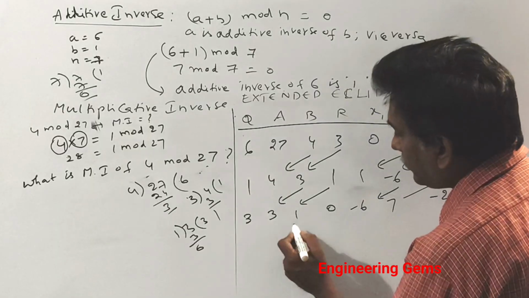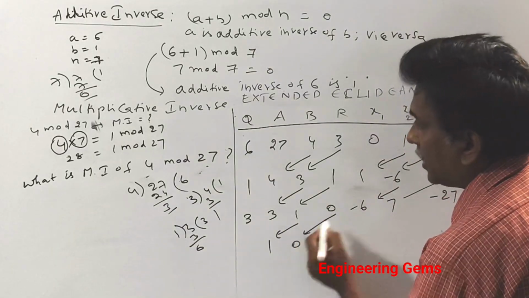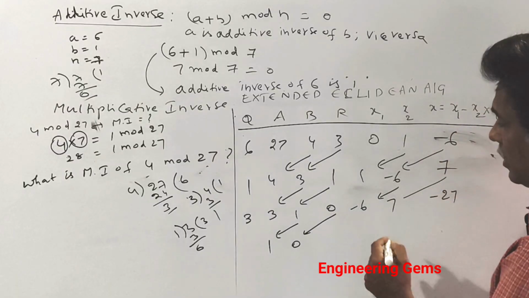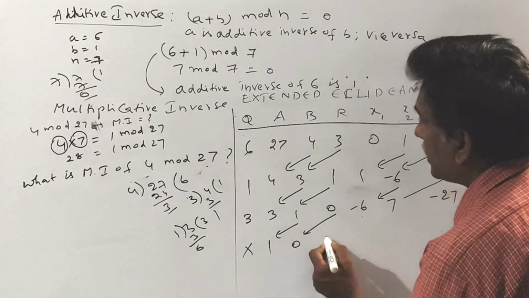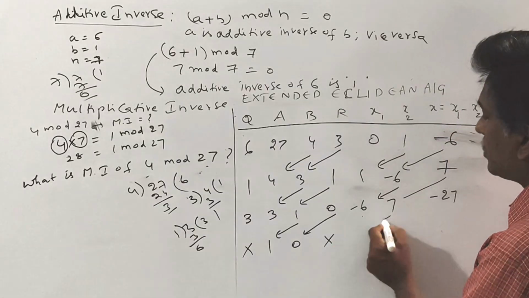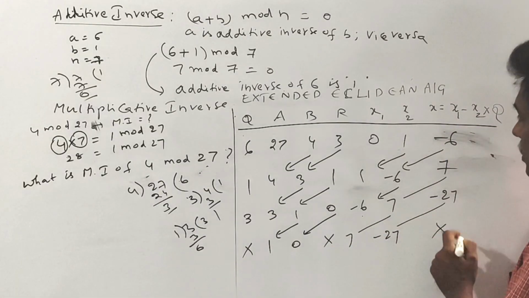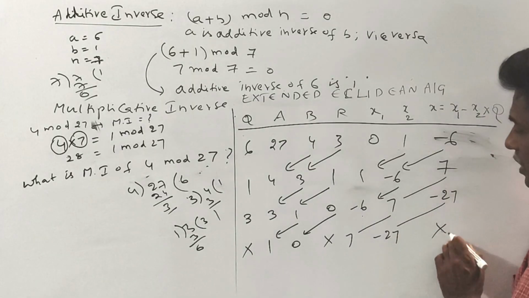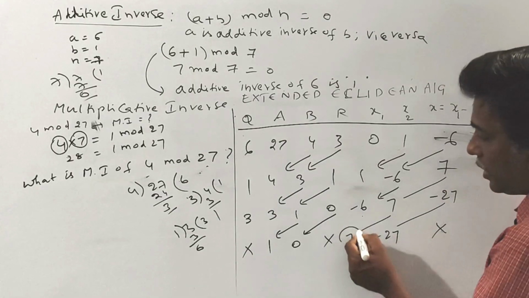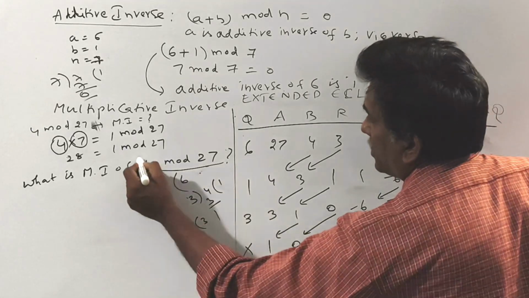Now this 1 is shifted here and this 0 is shifted here, and this 1 by 0 means the coefficient is nothing and the remainder is 0. So this 7 is shifted here and minus 27 is shifted here. There is no need to continue, and this 7 is the multiplicative inverse of 4 mod 27.